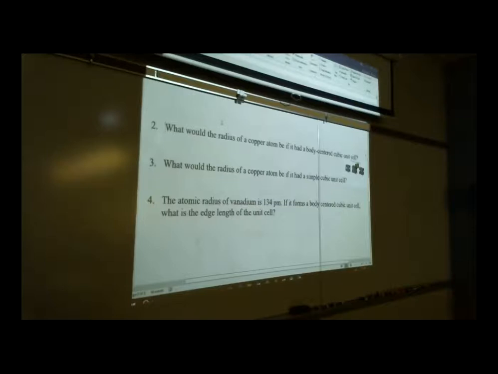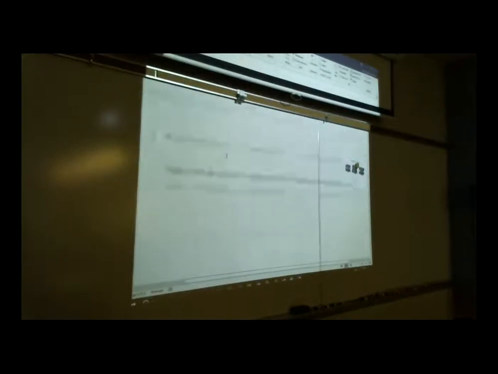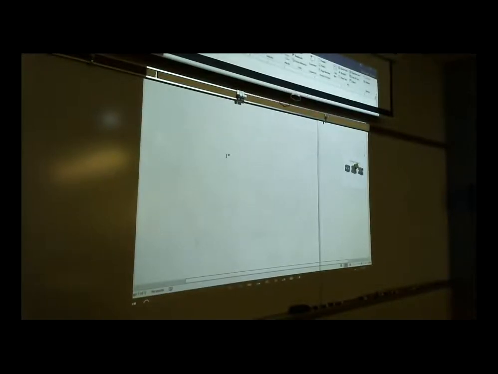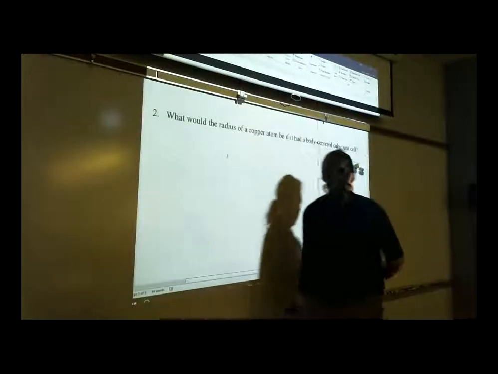Would the radius of copper be different? What would it be if it were body-centered cubic? So, we need our edge length, 0.3615. A is still 0.3615.